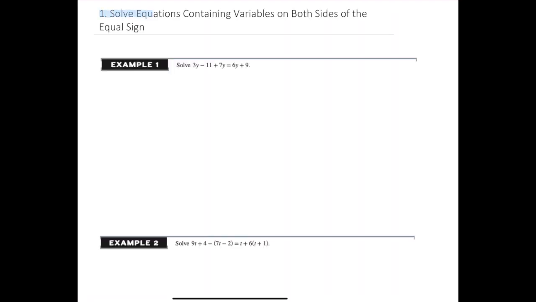So, solving equations containing variables on both sides of the equal sign. In the last video, we were looking at equations that just had an x or a y on one side, but as you can see in this example, let me write it a bit bigger here, 3y minus 11 plus 7y equals 6y plus 9.